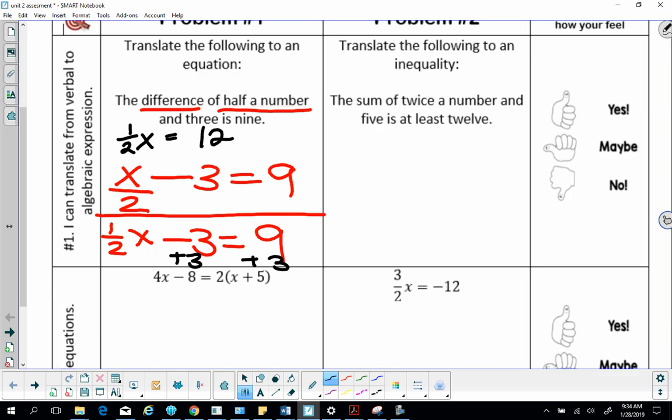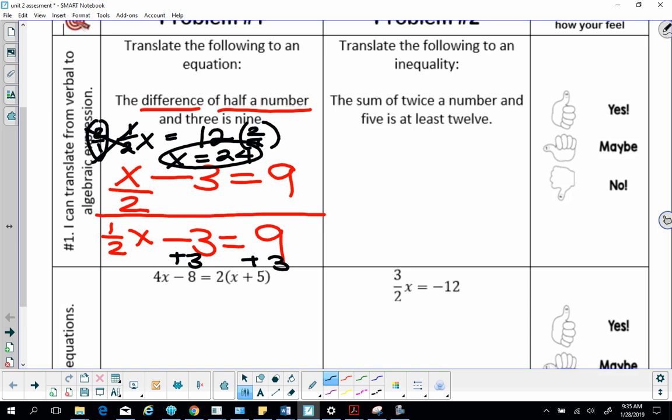Multiplying by its reciprocal. The reciprocal of 1/2 is 2/1. And so when I do that, you end up getting x equals 24. So make sure you know how to solve it.